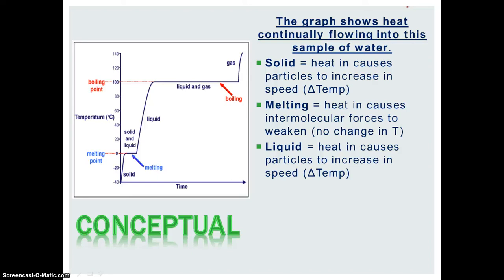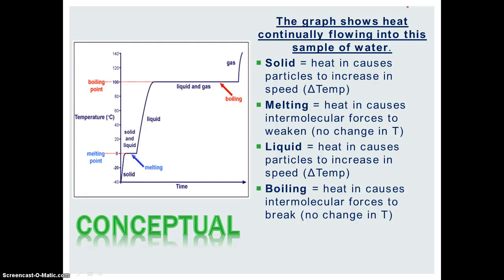And then when melting is done, when we have all liquid, the heat will cause the particles to increase in speed and change the temperature until you get to the point where the intermolecular forces break again. So at boiling, heat causes the intermolecular forces to break. There is no change in temperature.